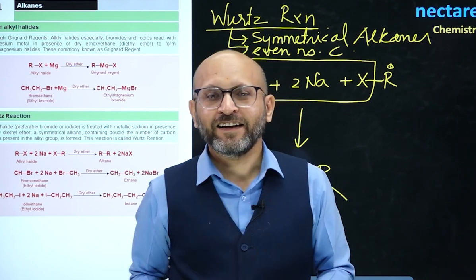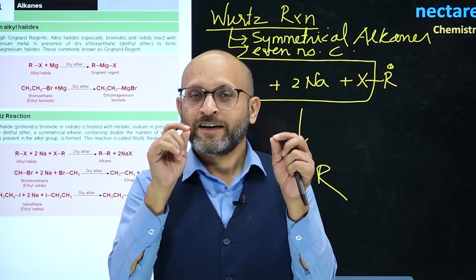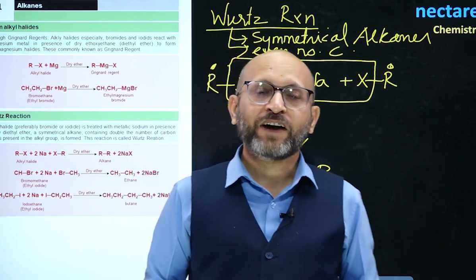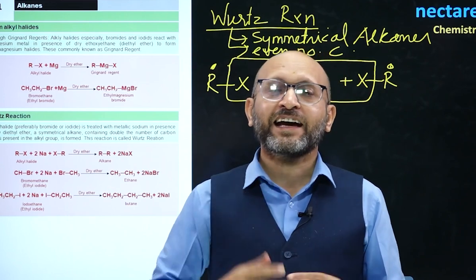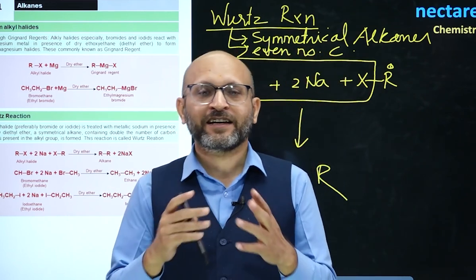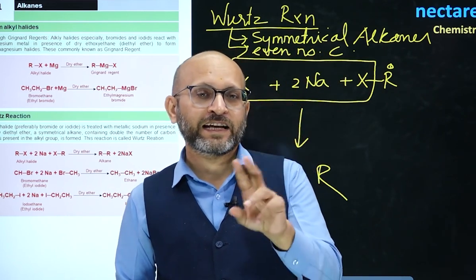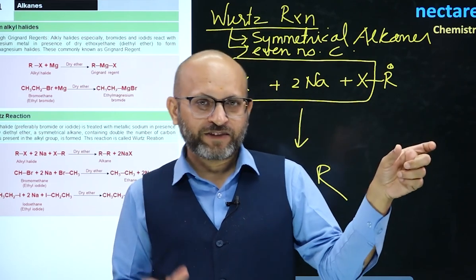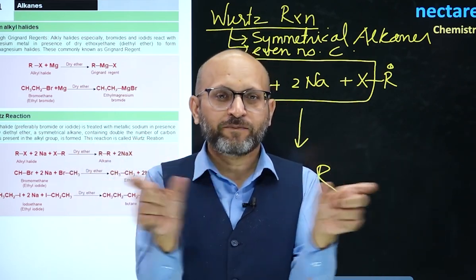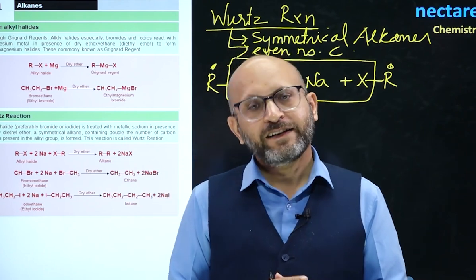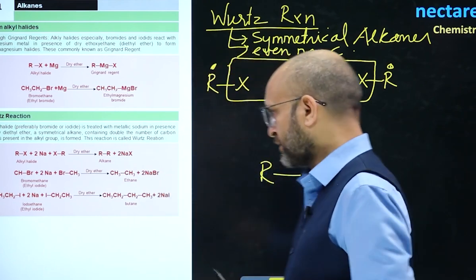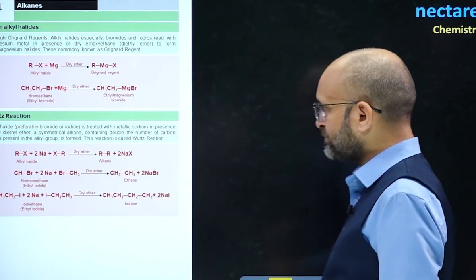I think you will say we will take an alkyl halide which has 5 carbon atoms. That means pentyl bromide will be taken, 2 moles, then we will get two 5-carbon chains, and you will combine them and we will get decane. Alright, so that is what is happening over here.